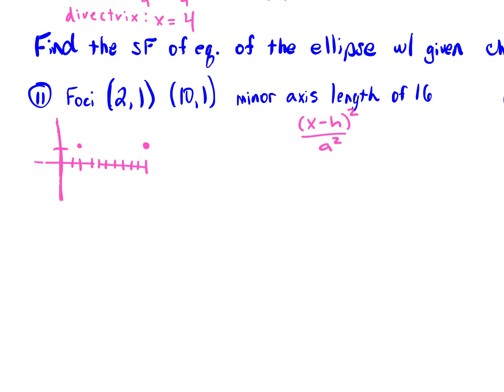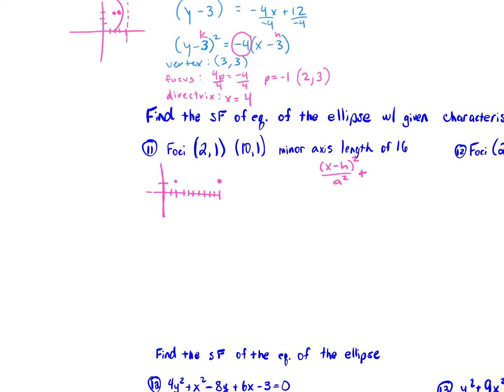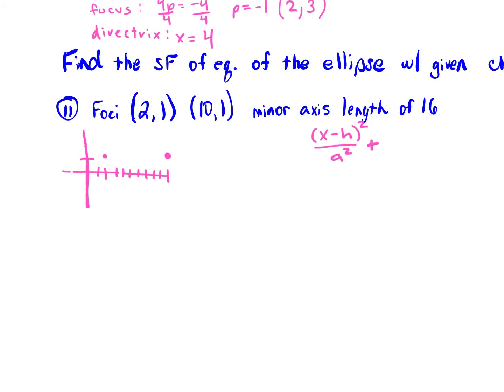And our foci are on a horizontal line, so we know it's a horizontal ellipse. And then plus y minus k squared over b squared. It's going to be equal to 1, because all of our ellipses are always equal to 1. How can we find the center of our ellipse?